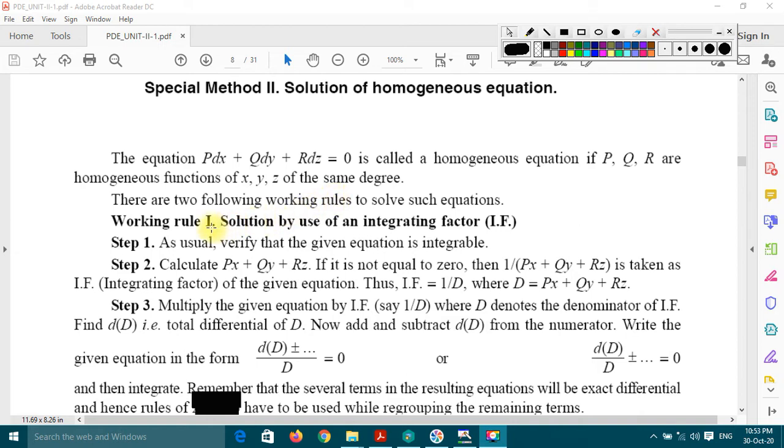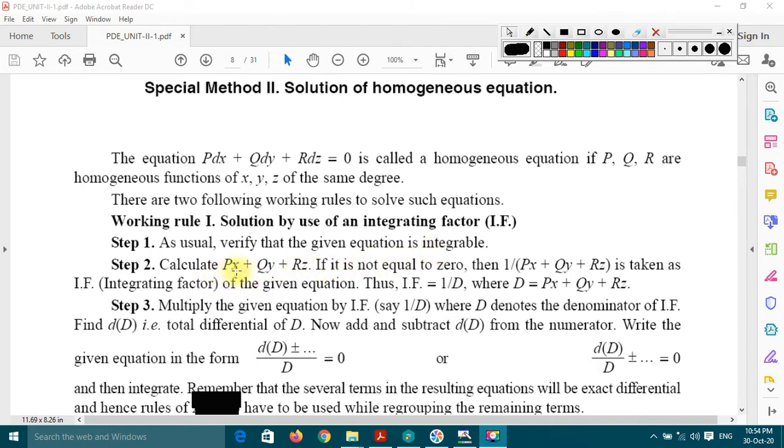The first working rule is the solution by using an integrating factor. Before finding the solution, we first check whether the given differential equation is integrable or not. That means we check the condition of integrability, that is, vector A dot curl vector A is equal to 0. Then we proceed further.